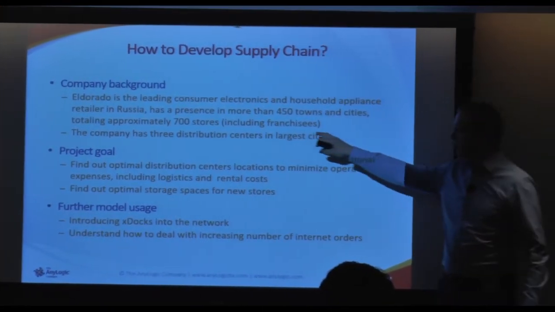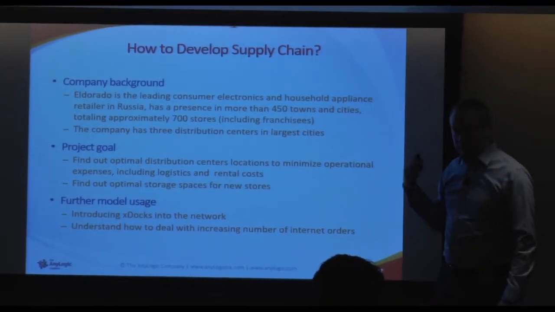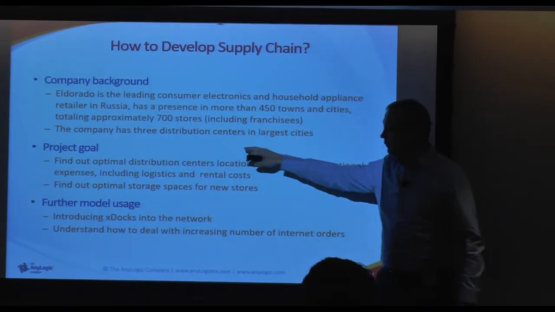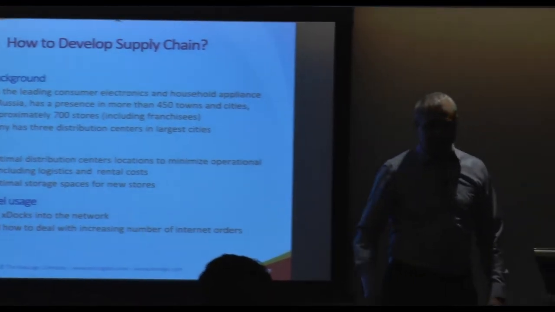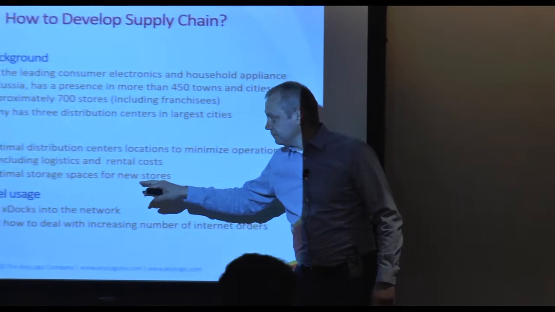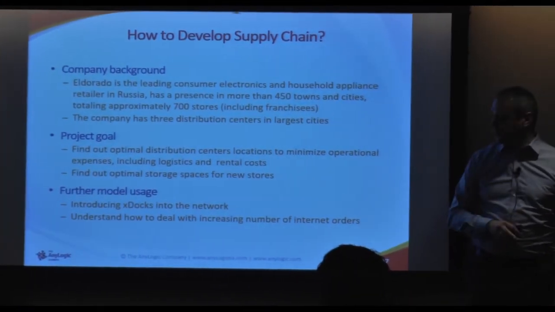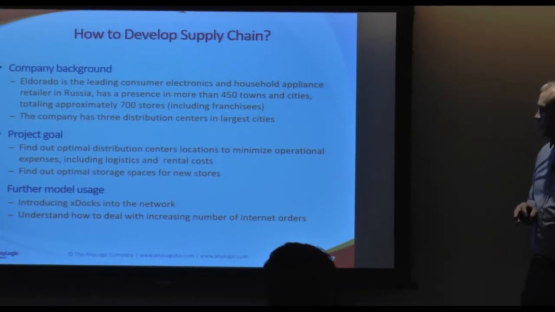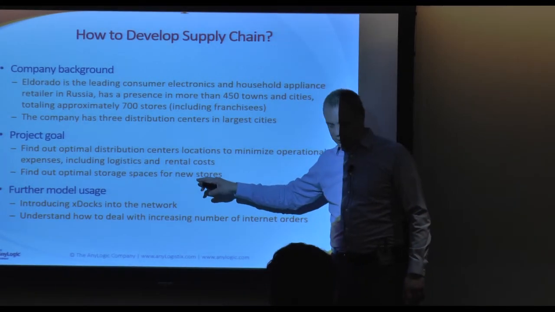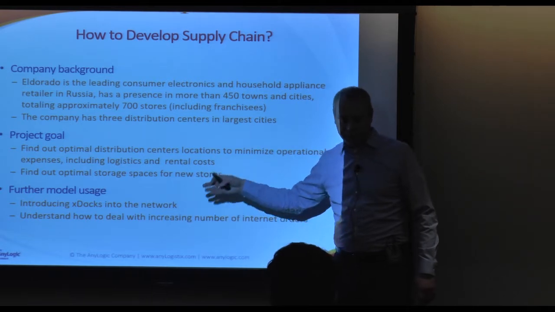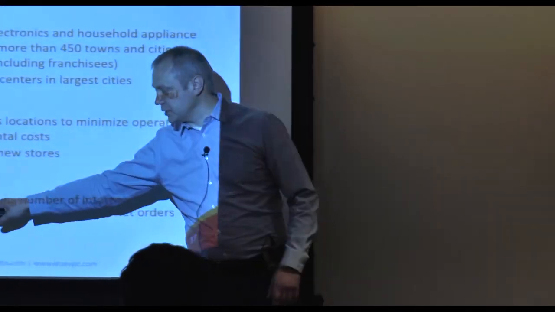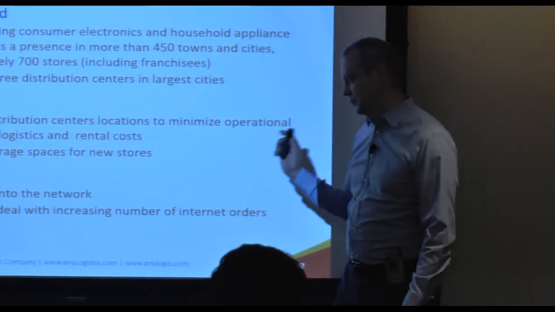They have a presence in more than 350 towns in Russia with 700 stores, and 3 major distribution centers from which they supply those 700 stores. They wanted to find the optimal distribution center locations and how much capacity they need at those warehouses. They also wanted to introduce things like cross-docking.